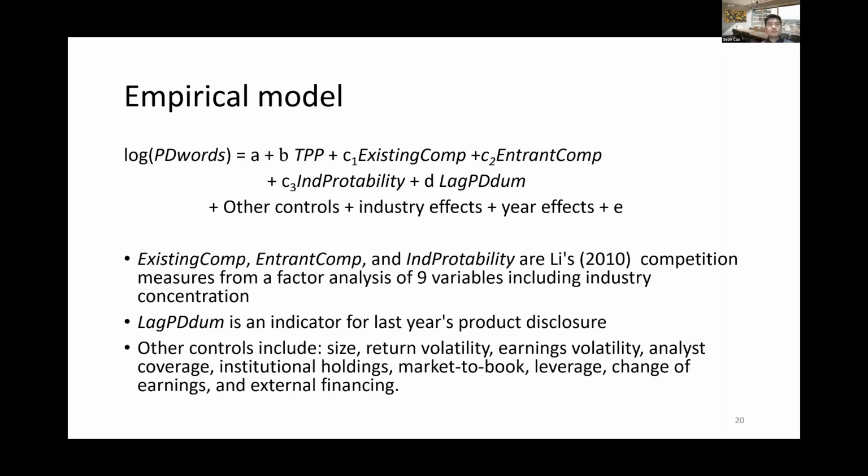If I'm a Commies CEO, and I sense my competitors have the same technology as I do, so my TPP is high, then I don't want to disclose too much future product information. If I disclose, people will copycat my product. So high TPP will lead to low product disclosure, and the B will be negative.